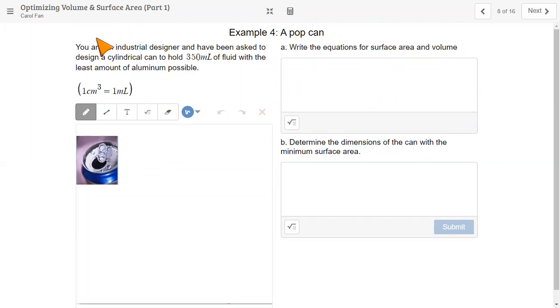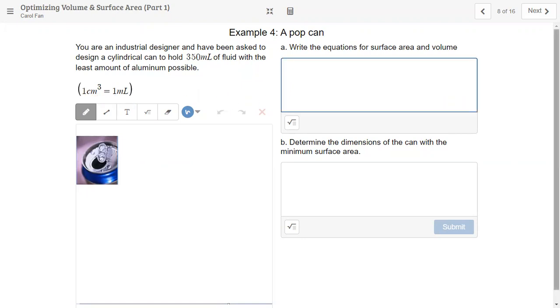Okay, the last example that we have: we're an industrial designer and you've been asked to design a cylindrical can that holds 350 milliliters of fluid with the least amount of aluminum possible. So let's just first do the conversion. 1 centimeter cubed is equal to 1 milliliter.